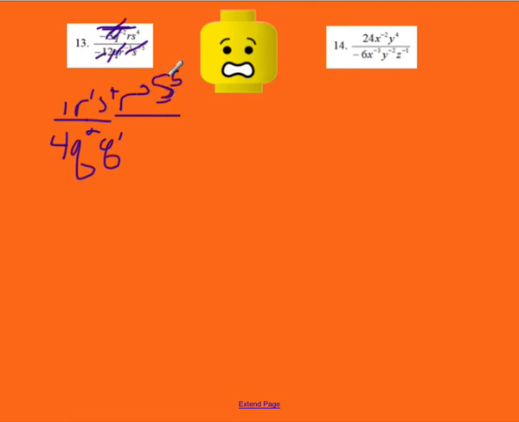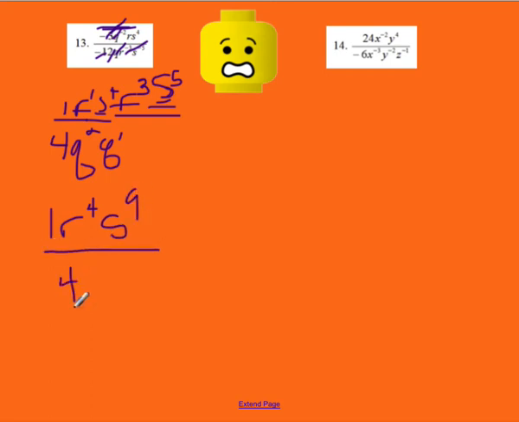So now I want to go ahead and simplify out what I have. Okay, so I have 1 and I have r to the first times r to the third. We'll add 1 plus 3 and that's going to give us r to the fourth. S to the fourth times s to the fifth, we're going to add those exponents, that's going to give us s to the ninth.